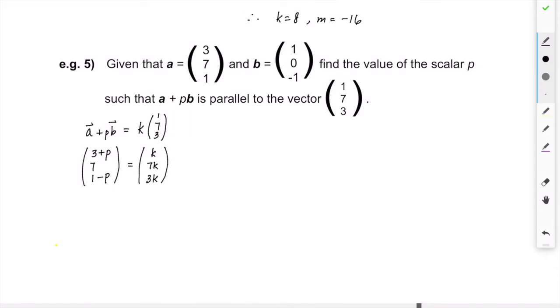When I compare the components, I have 3 plus p equals k, I have 7 equals 7k, and I have 1 minus p equals 3k. This is a system of equations. From the second equation, it's clear that k is equal to 1. Okay, so now let's move to the side here.